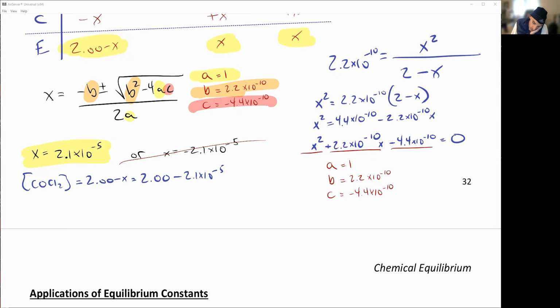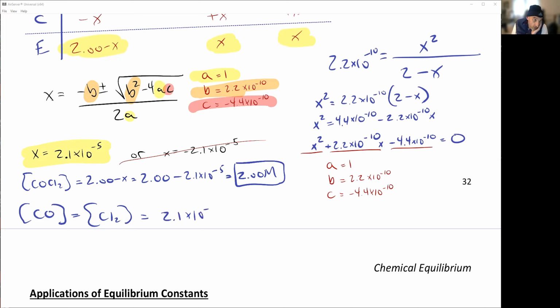So it equals 2.00 molar. There's the concentration of my COCl2, and the concentration of CO, which is equal to the concentration of Cl2, is 2.1 times 10 to the negative 5 molar. There we go. That's the second answer.